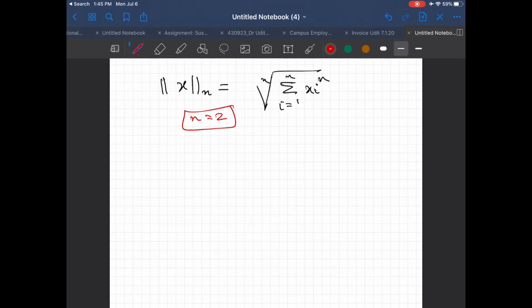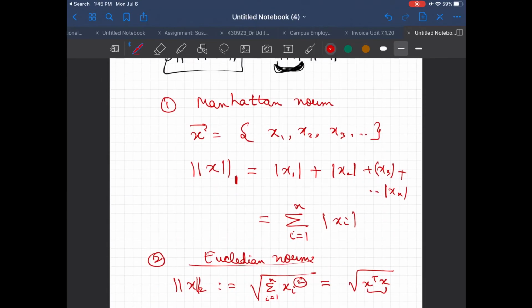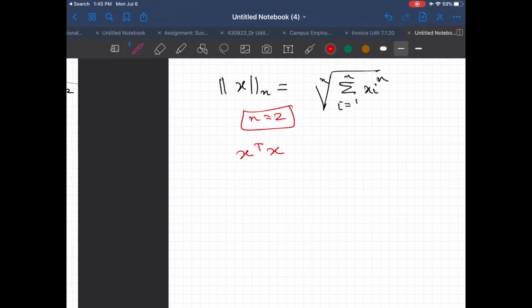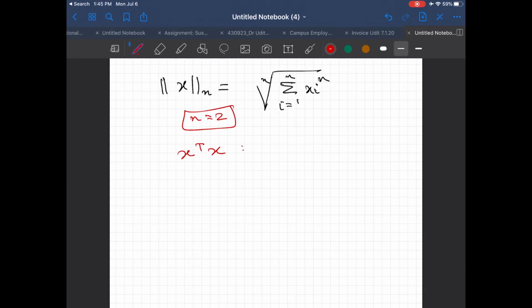Now this norm brings us to something called the inner product or dot product. If you recall, in the last discussion we mentioned x transpose x, and this x transpose x and its square root classifies to be one single number, so we are satisfying the condition of a norm. And this is also the dot product.